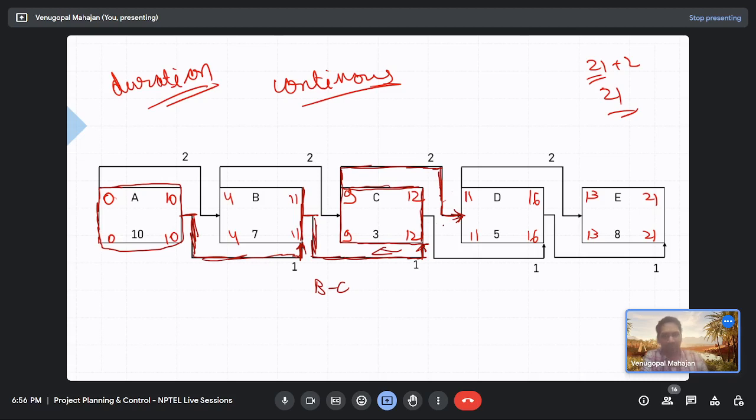You check the values: 9 plus 2, 11, this would be critical, not 12 plus 1, 13 and all. So activity C becomes critical, but in the opposite direction of natural flow. So you see, reverse critical.